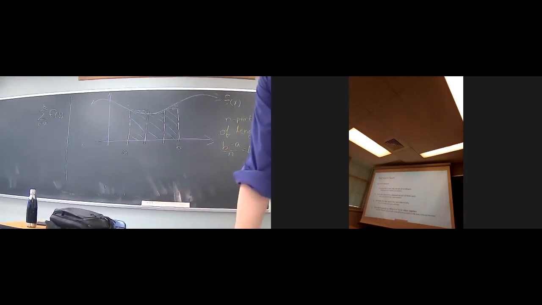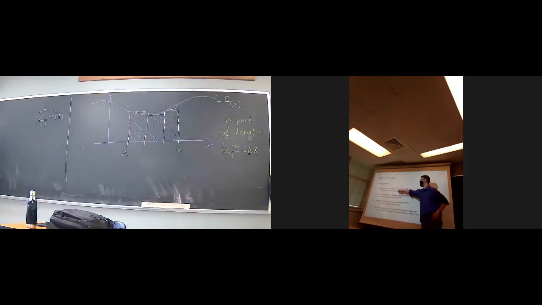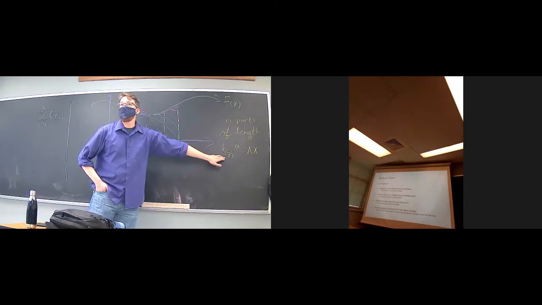Now, what this is called is the Riemann sum. What we're going to do, we're going to say, let's take our x-axis from a to b, chop it up into a bunch of parts, n parts. Those parts are going to have a length of b minus a divided by n.